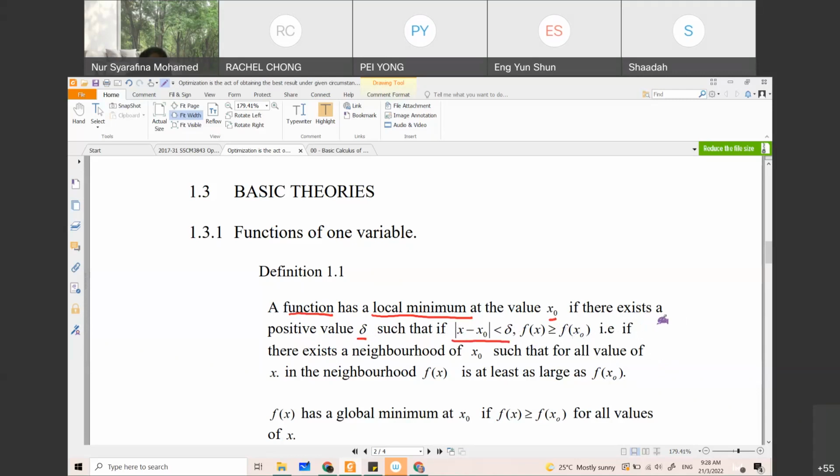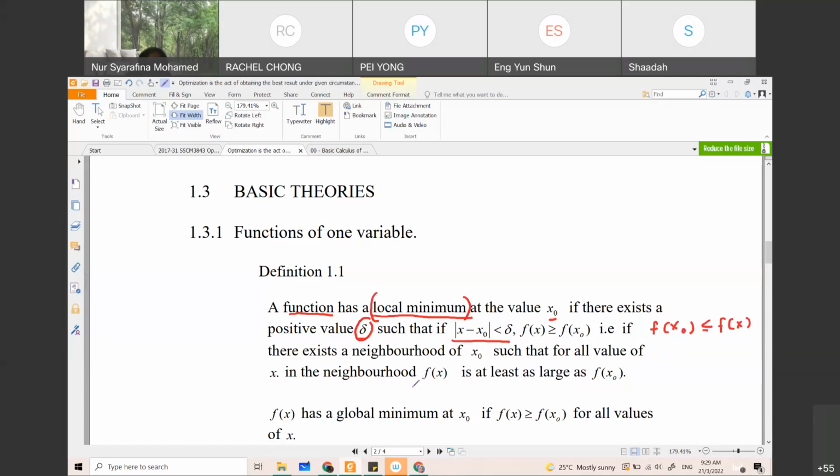In another way, we can write f(x0) ≤ f(x). Then there exists a neighborhood of x0 such that for all values of x. So to identify the local minimum, there exists delta such that |x - x0| < delta, f(x0) ≤ f(x). So that is local minimum.